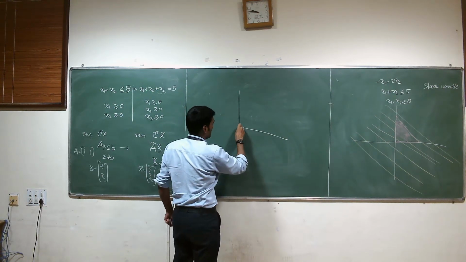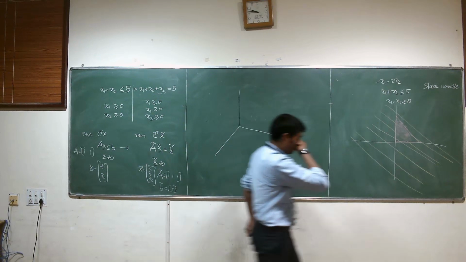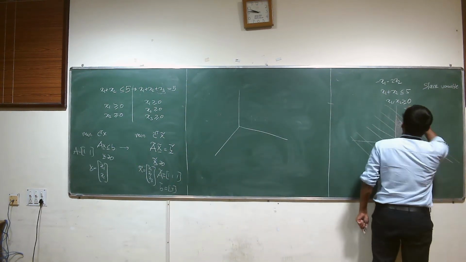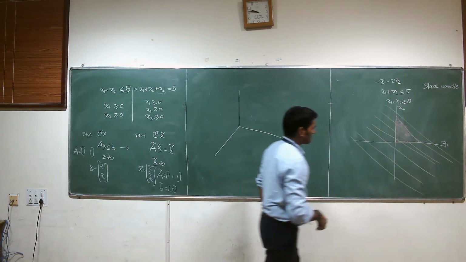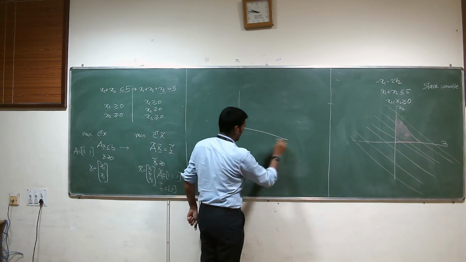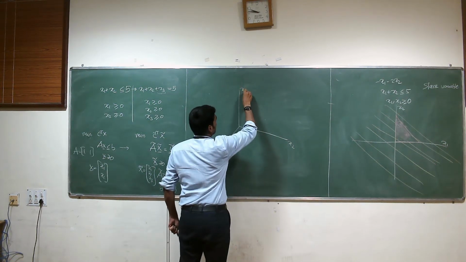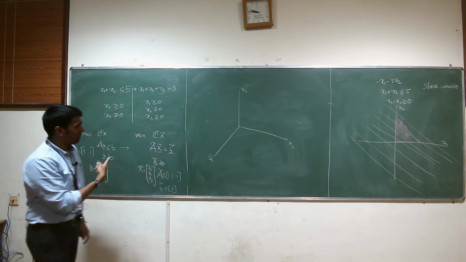Now we are really working in R3, and instead of x1, x2, here we are working in x1, x2, x3 really. What is the geometry of this problem?